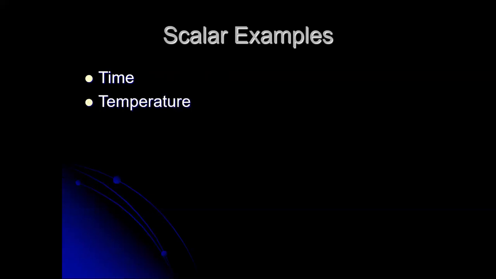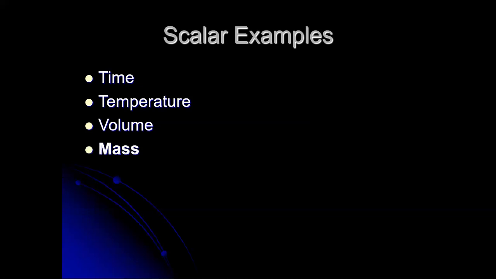Temperature, like I mentioned, is a pretty good example. Volume, I suppose either volume would work. Volume in the sense of how much space there is inside something, like a gallon of milk, 231 cubic inches of volume. Or volume in terms of loudness, how many decibels we're talking about. Both of those would be perfectly fine scalars.